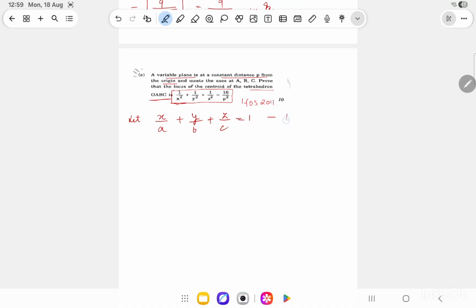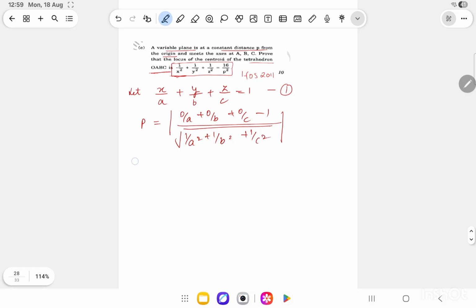Let us name it as equation 1. This is at distance p from origin. Using distance formula we'll get p equals (0 by a plus 0 by b plus 0 by c minus 1) upon under root 1 by a square plus 1 by b square plus 1 by c square. If I simplify it, I'll get 1 by a square plus 1 by b square plus 1 by c square equals 1 by p square.